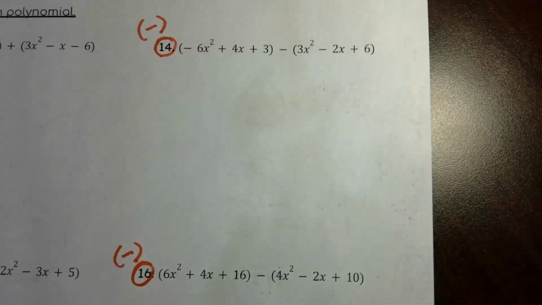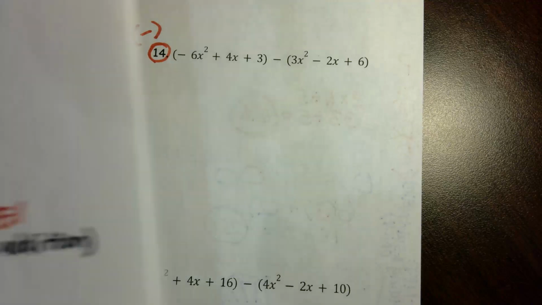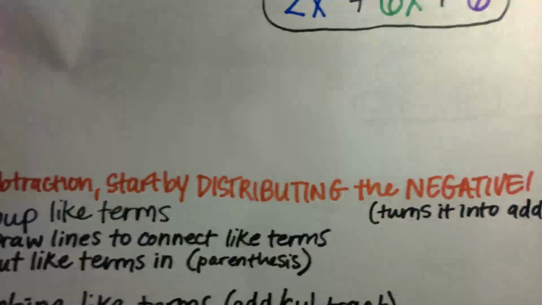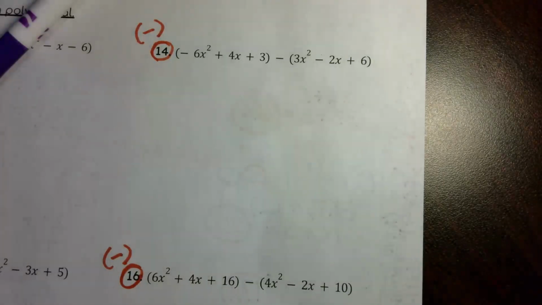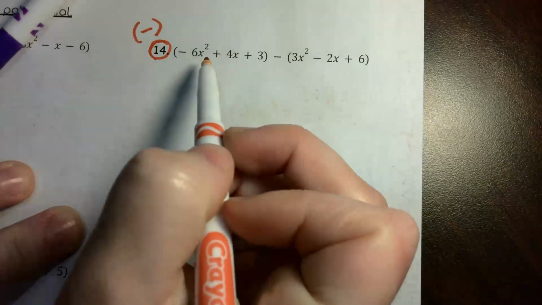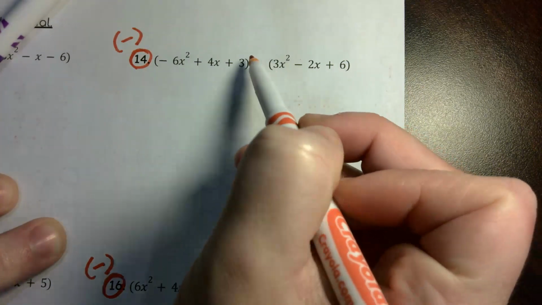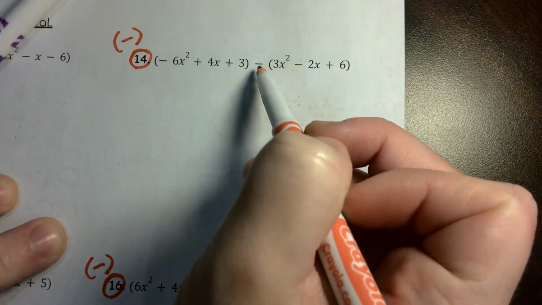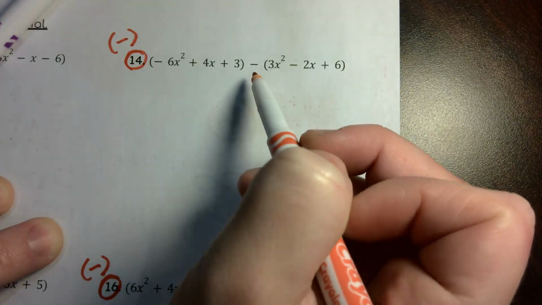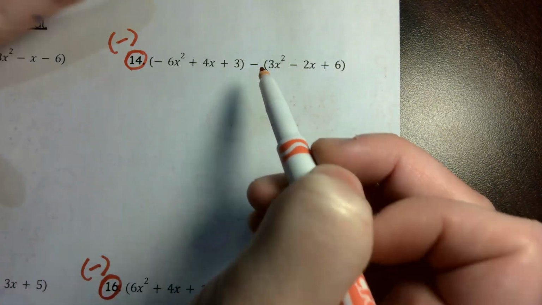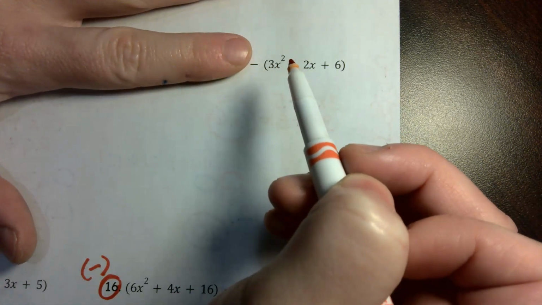So we're going to look at that guide, and that guide tells us we're going to start by distributing the negative. Okay? So I see to the left here, I have this negative, this minus sign. We're not multiplying any numbers. We're not touching this first polynomial.